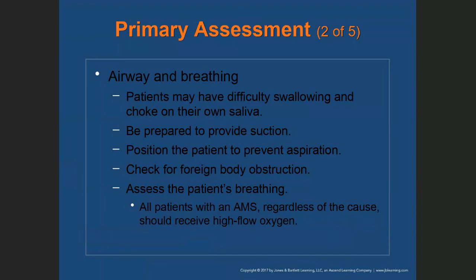Ideally, if there's no spinal issues, we want that patient in recumbent position on their side, or recovery position. Check for foreign body obstruction. Assess the patient's breathing. All patients with an AMS, regardless of the cause, you need to be thinking about giving that patient high flow oxygen.